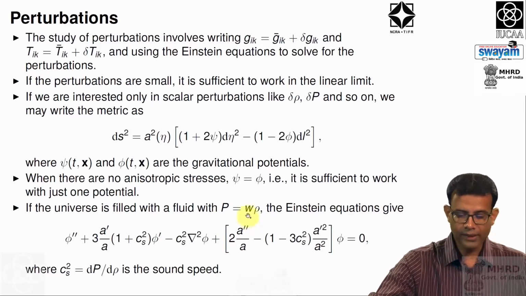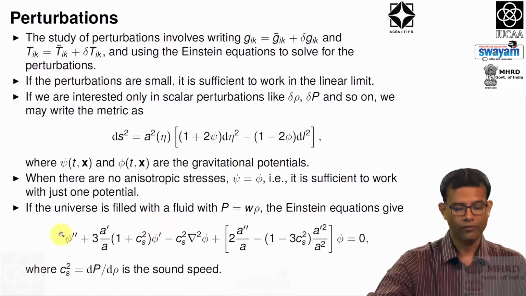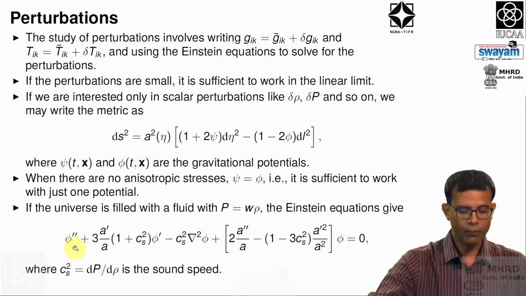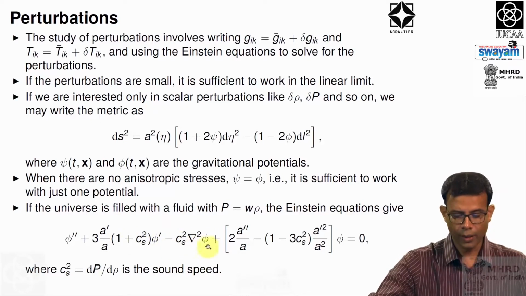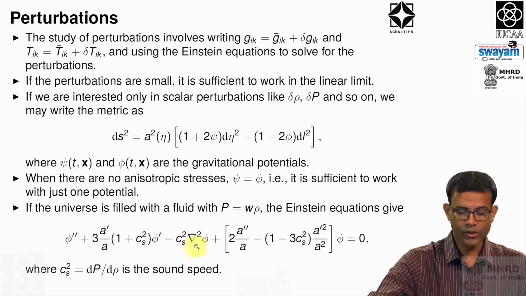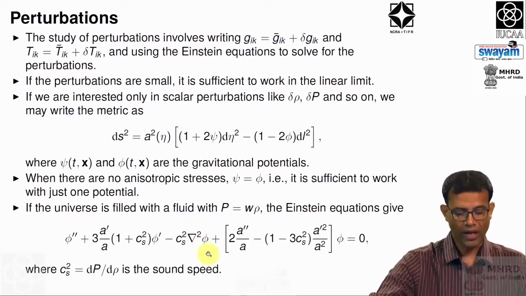Then you can work out the Einstein equation, which essentially would be a differential equation for phi, and that would look like this. There is a phi double derivative term, a first derivative term phi prime, and then terms which are proportional to phi, and of course del square of phi. So, these are the spatial derivatives of phi.